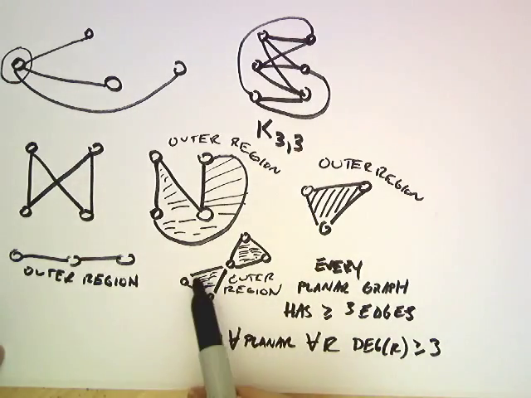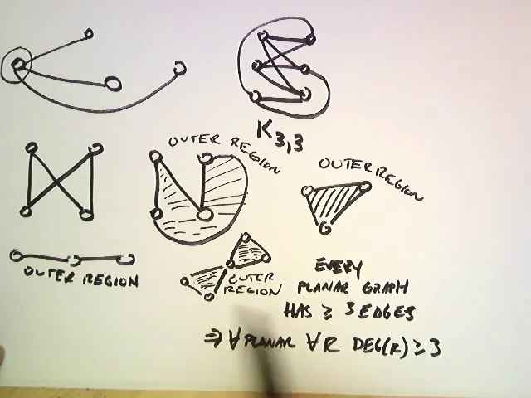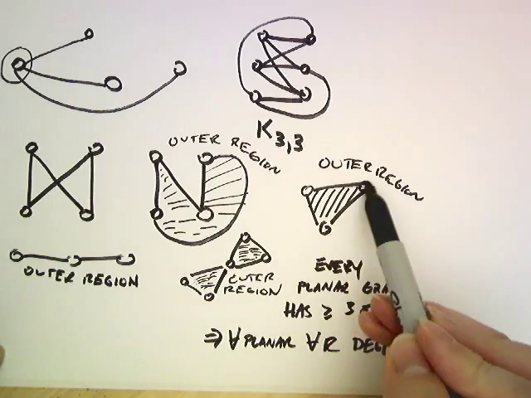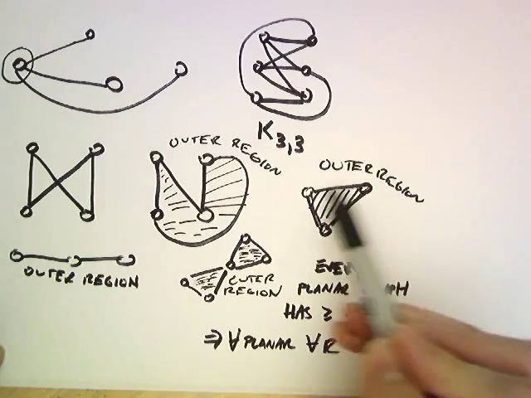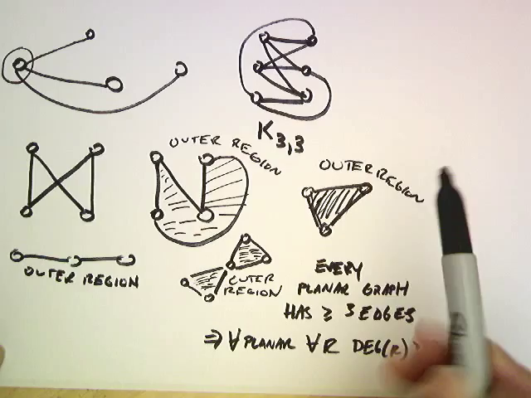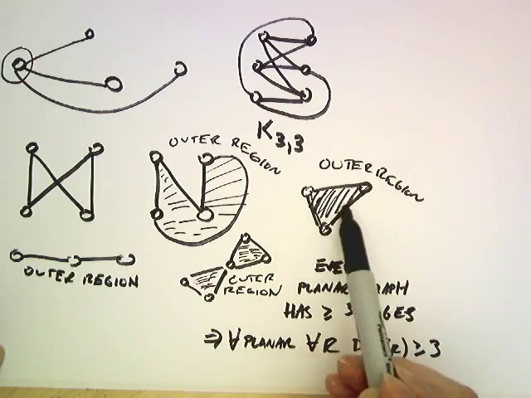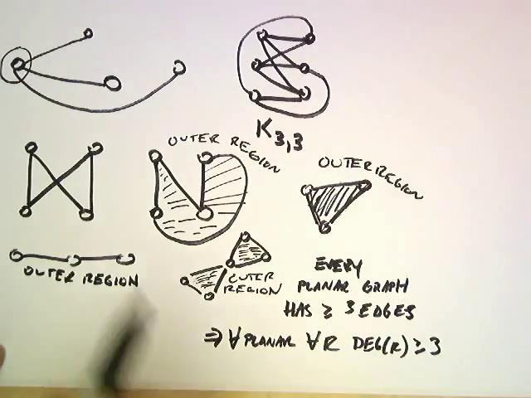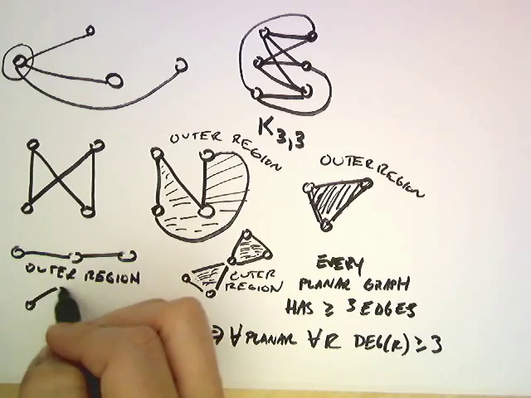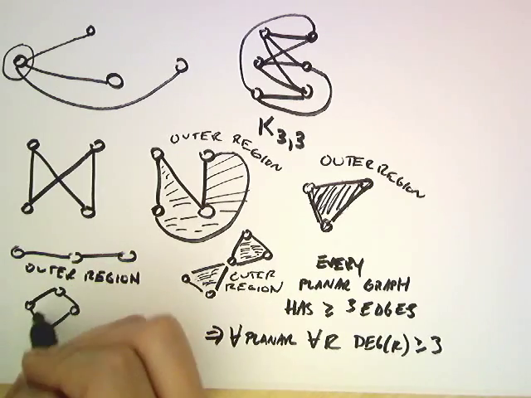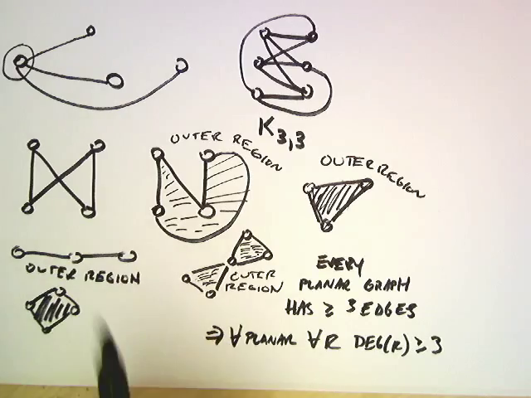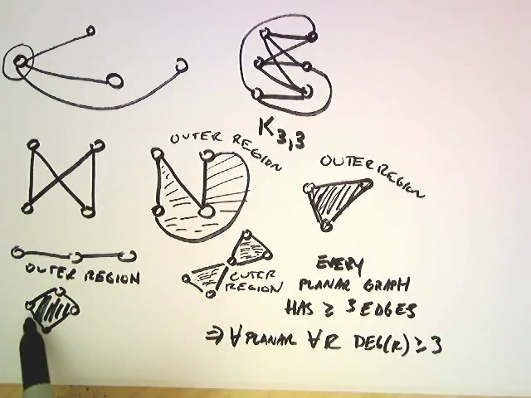Well, for any one particular region, we look at the number of edges that border that region. So for example, this inner region here has degree 3 because it has 1, 2, 3 edges bordering it. In this graph, this inner region here has degree 4 because it has 1, 2, 3, 4 edges that border that particular region.